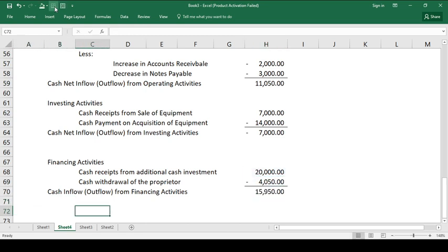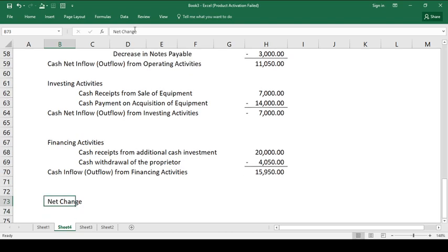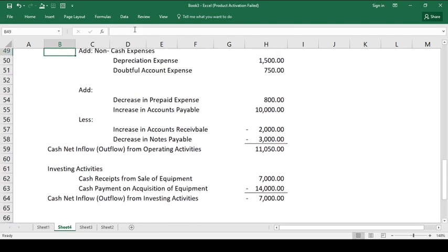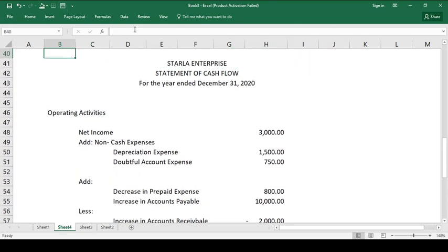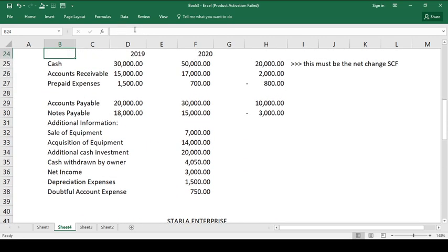And after that, let's determine the net change. Okay, take note, we have already been able to determine the net change of cash, which is, ito yon, no? The net change of cash, or the net increase or the net decrease, okay, pwede po yun, no? Okay, based on what we have computed, that is 20,000.